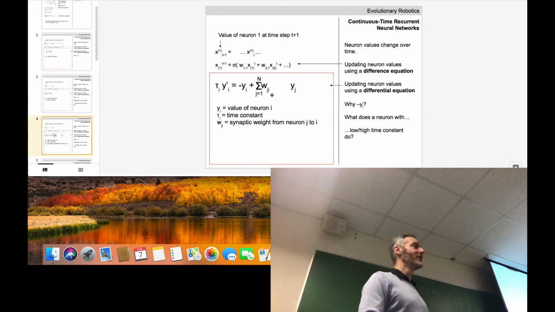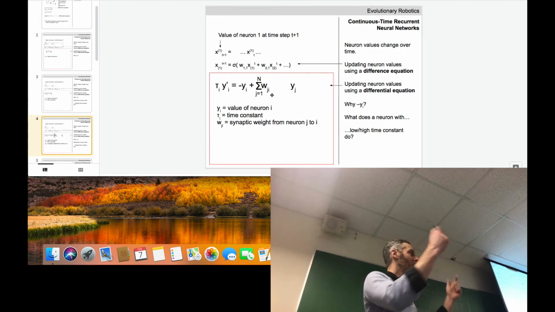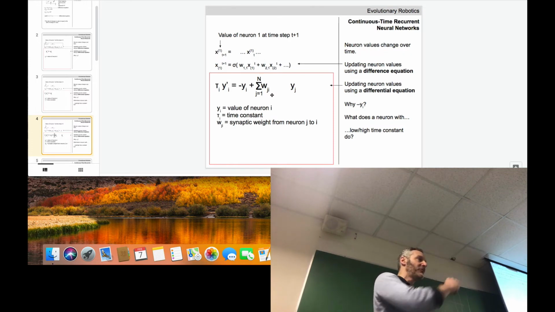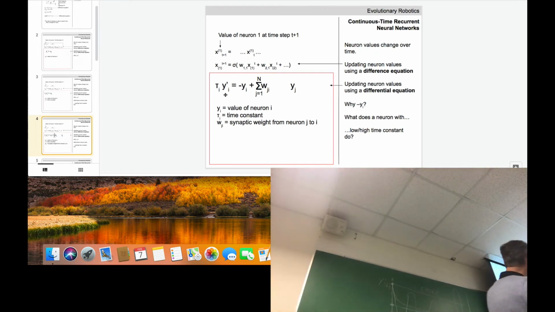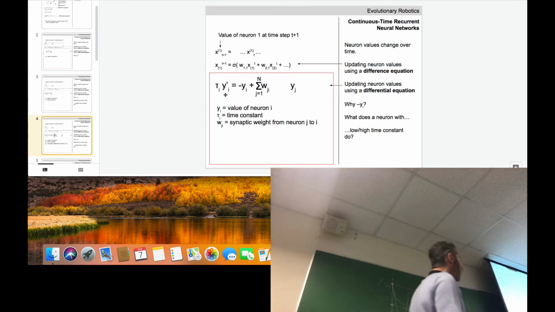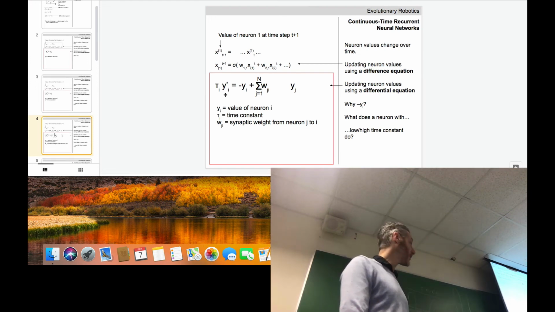But of course in a neural network, as the name implies, there's more than one neuron. They're wired up with synapses, and those synapses are causing one neuron to influence the value of another one. So at the ith neuron, we have a whole bunch of other neurons, so 1 to uppercase N. Uppercase N is going to represent the total number of neurons in our neural network.